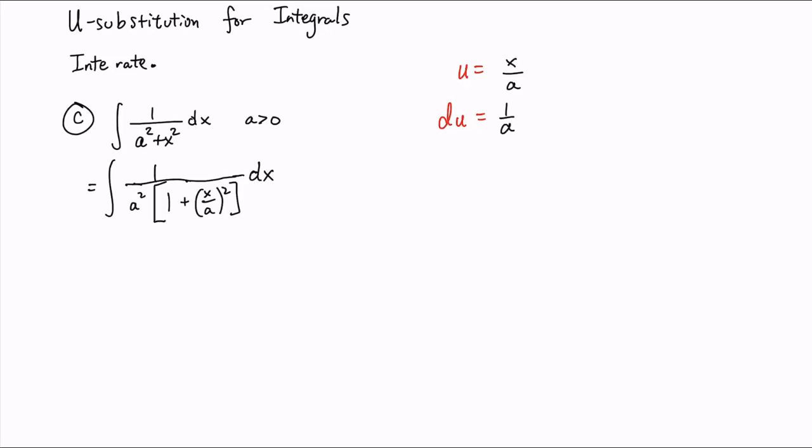The derivative of x over a is just 1 over a times the differential dx, because we want the language of differentials. And if we could do a better substitution, why don't we try this? Notice a is non-zero, so we're not dividing by 0 here. 1 over a du is equal to 1 over a squared dx. I think that would be a better substitution.